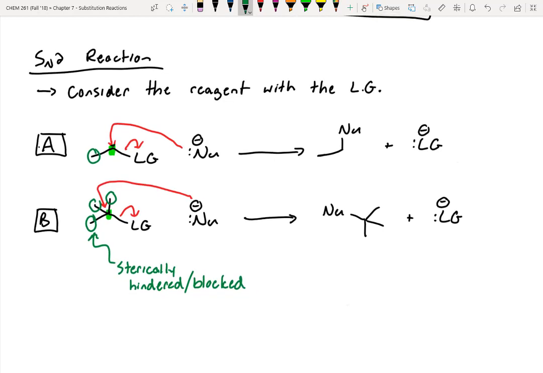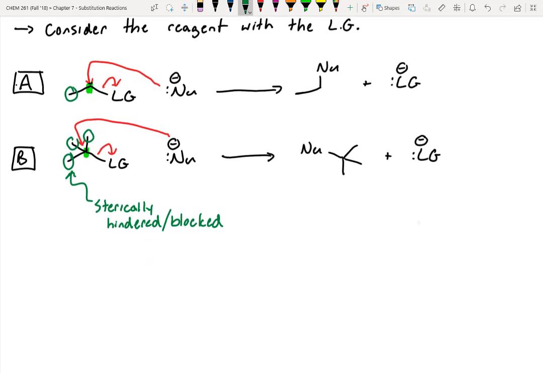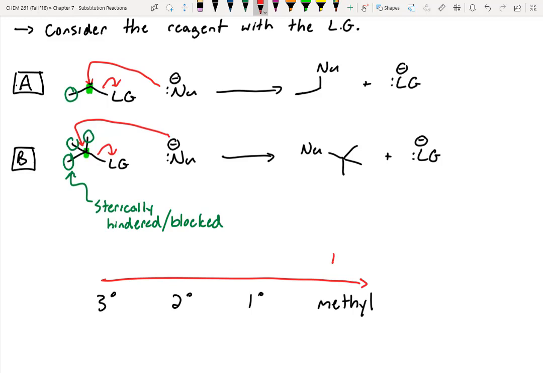All right. So if we think about this in an abstract sense, we could have a tertiary carbon, a secondary carbon, a primary carbon, or a methyl carbon. And if we think about the bulkiness of each of these, a methyl group's definitely less bulky.